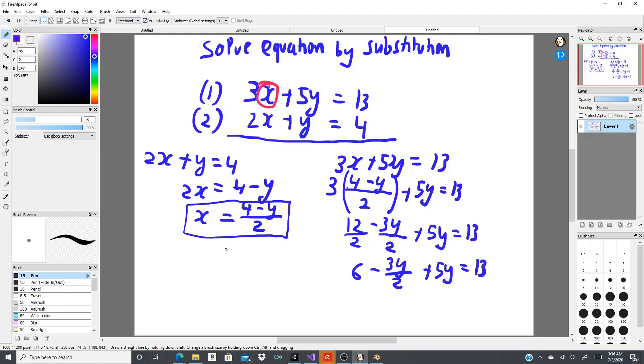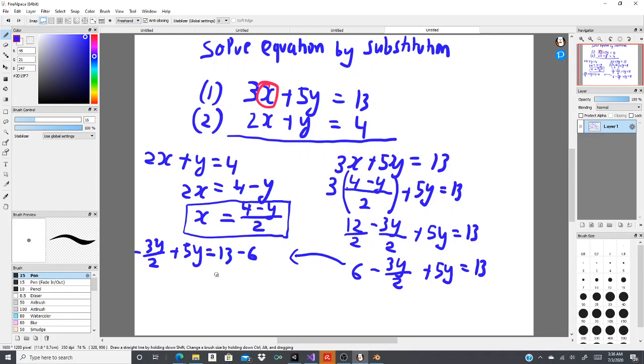And now it goes that way. We subtract both sides by 6, and then we get minus 3y divided by 2 plus 5y equals 13 minus 6.